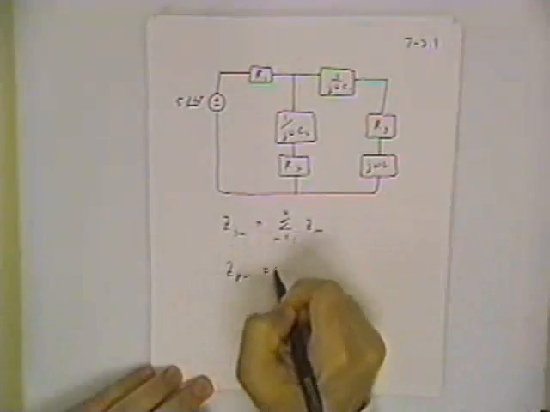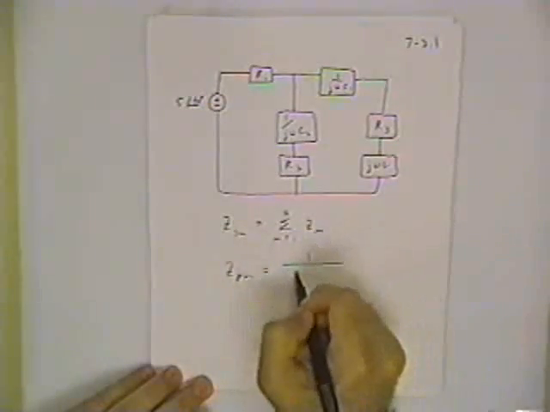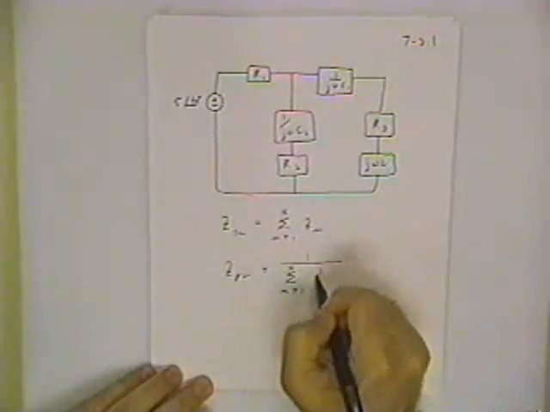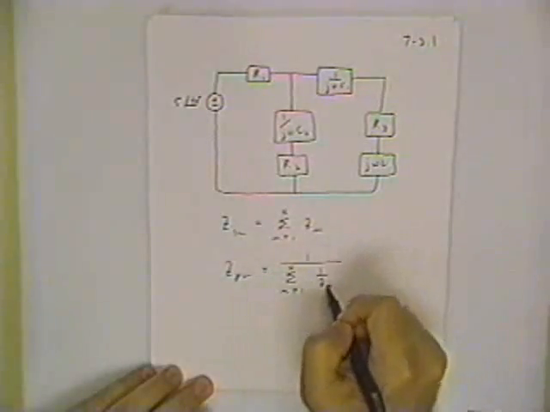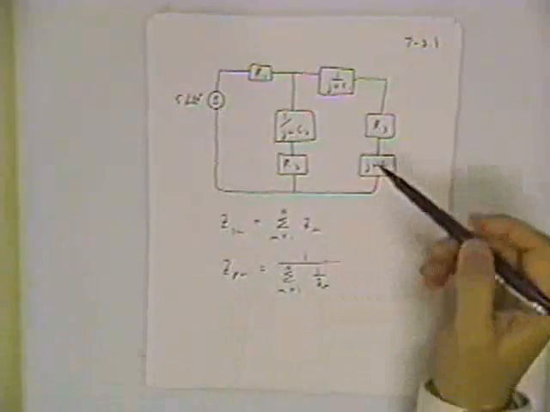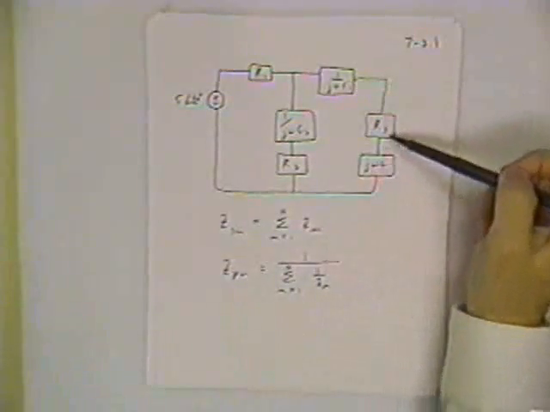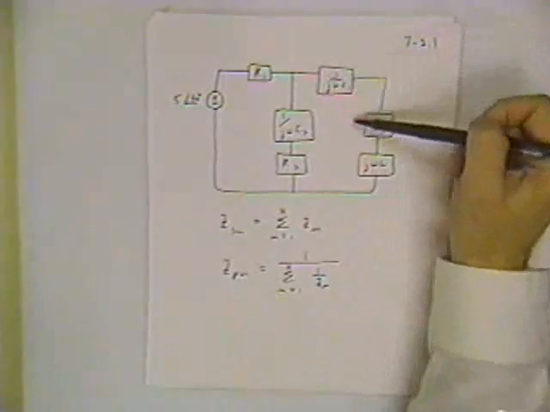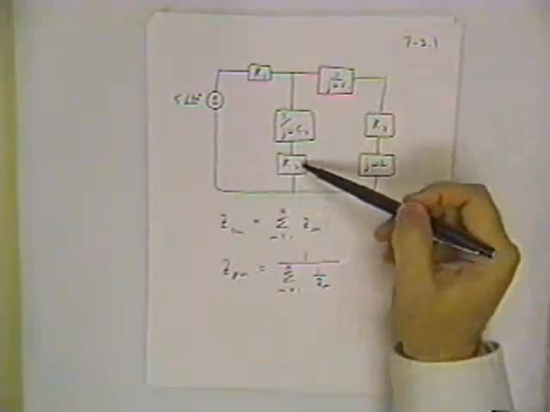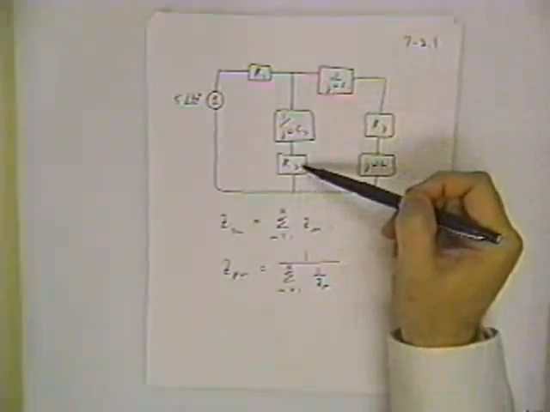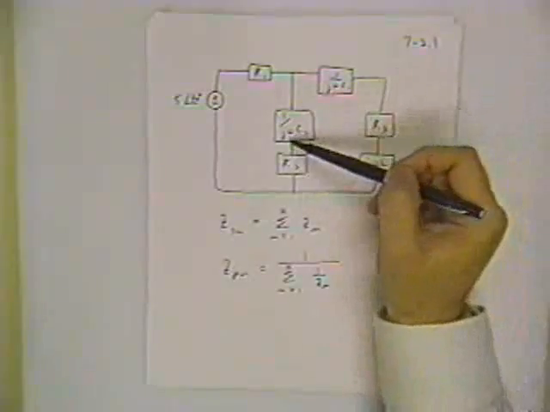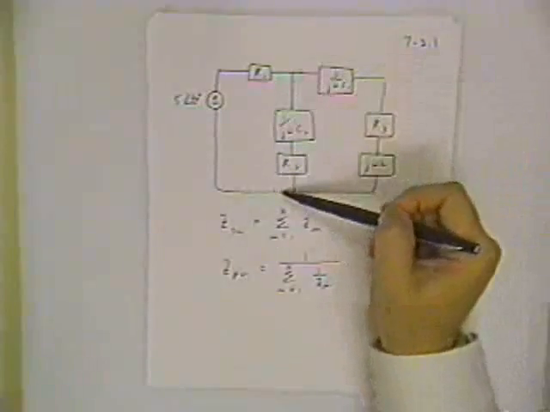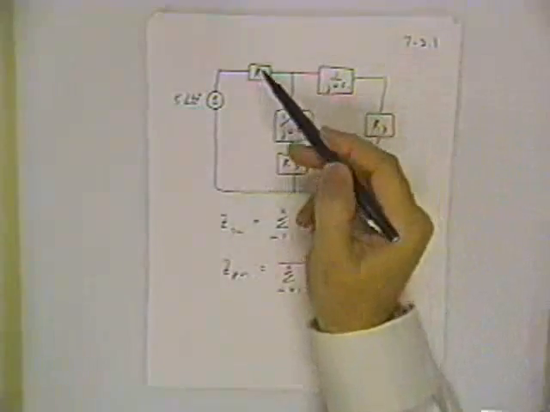For parallel connected impedances, you take the inverse of the sum of the inverses. So with numerical values substituted all along here, what you would do is take one grand total impedance for this branch, the grand total impedance for this branch, combine those two in parallel to come up with a single impedance for this whole network, and then add R1 to that.